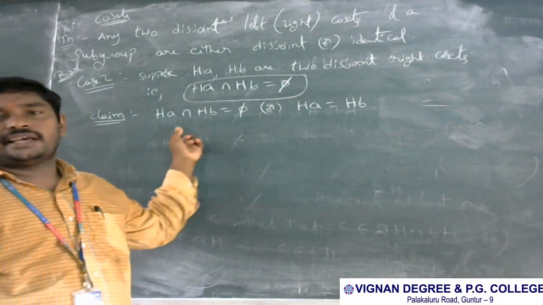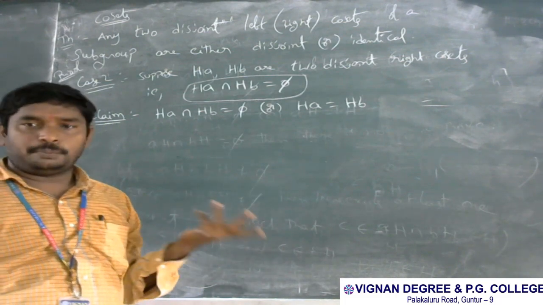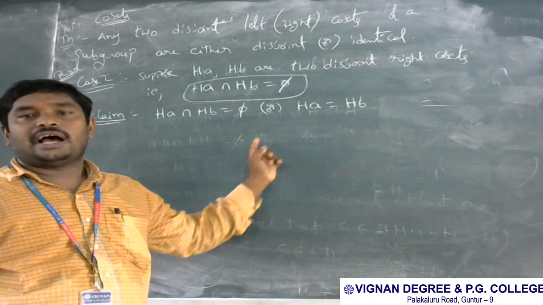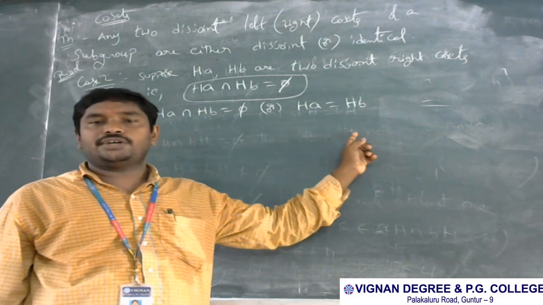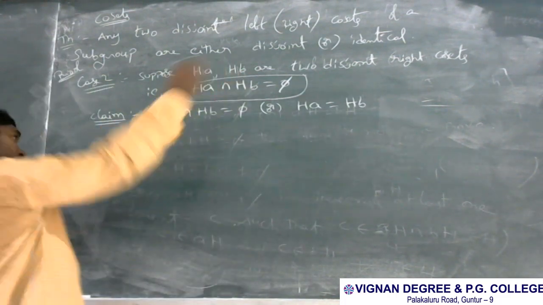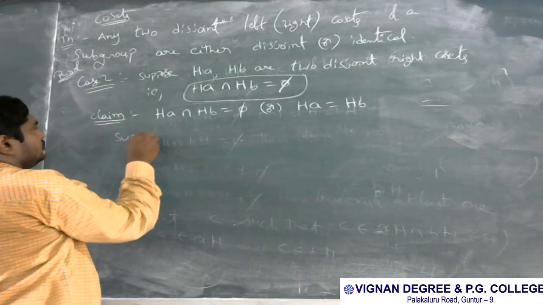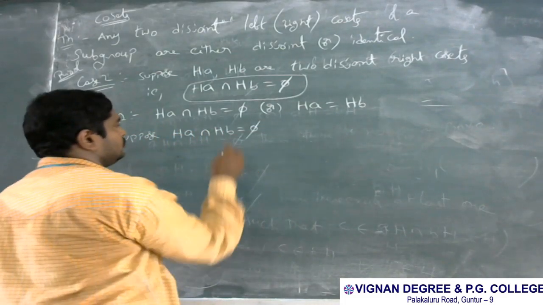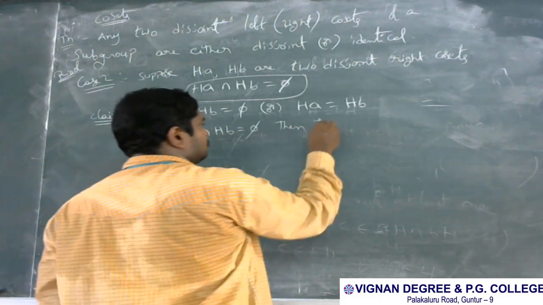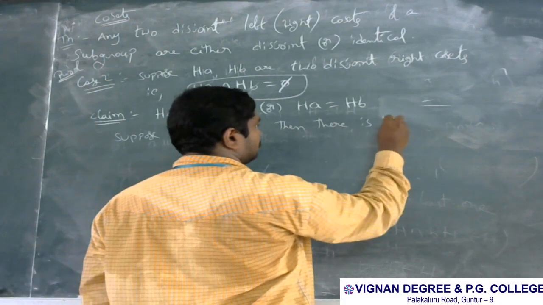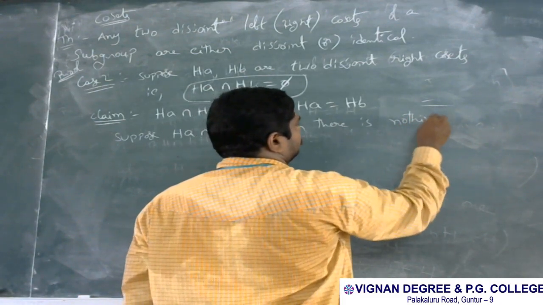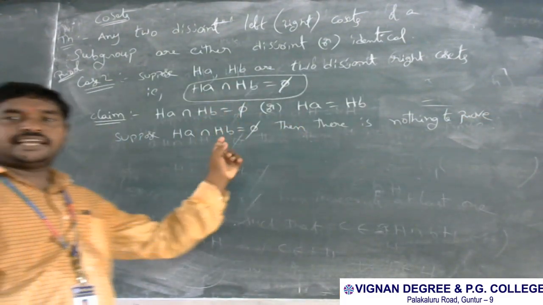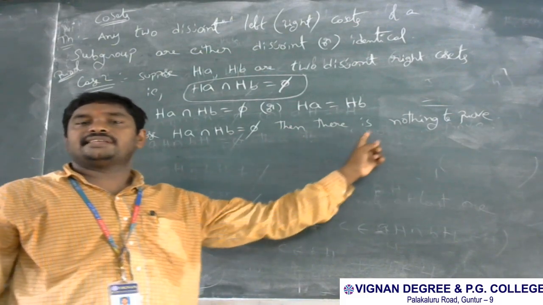If we take Ha intersection Hb equal to the empty set, then there is nothing to prove.